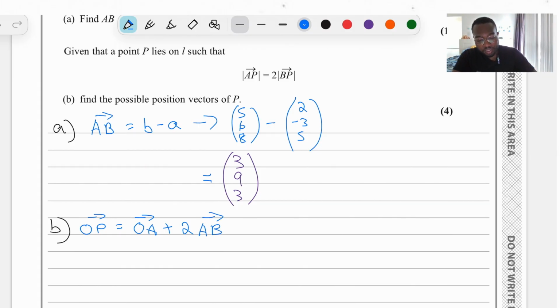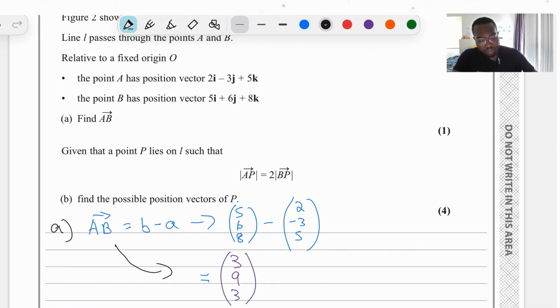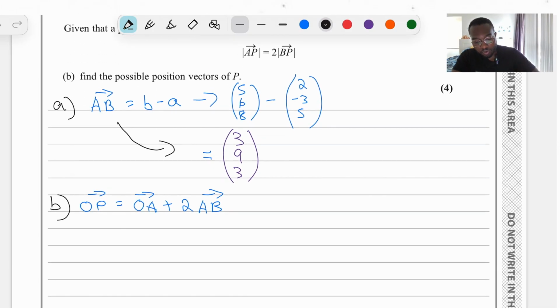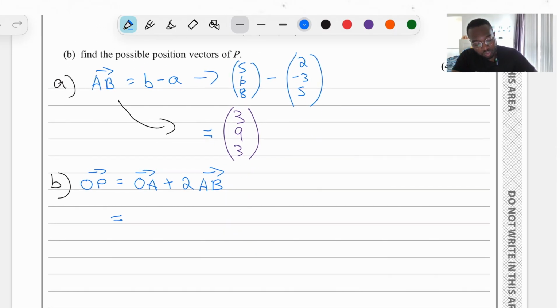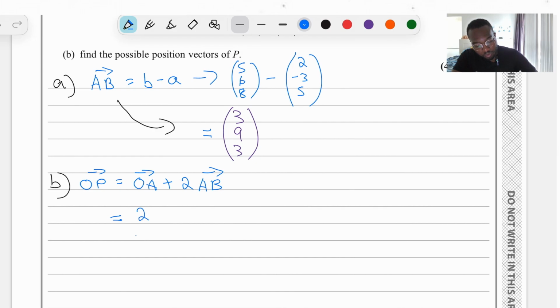And we know what AB is, because we worked out AB in part A. And we know what OA is, because we're told that as well in part A. So all we need to do is, OA, which we know is 2i minus 3j plus 5k, so we have (2, -3, 5), plus 2 lots of AB, which we worked out in part A. That is (3, 9, 3).